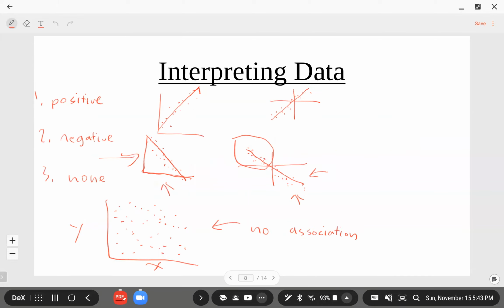Before we move on to the next one, I want to clarify something else. We sometimes have data like this. You see this is kind of like a U shape. It's a curve, and we can't really draw a trend line.